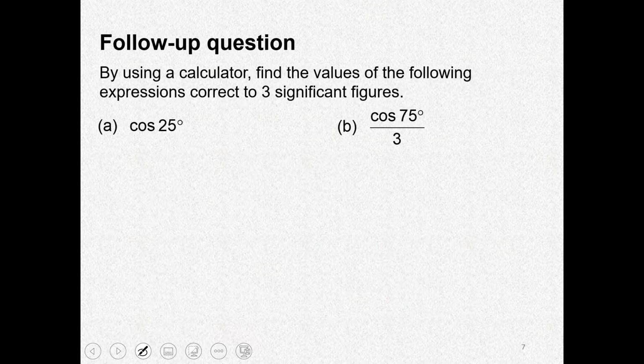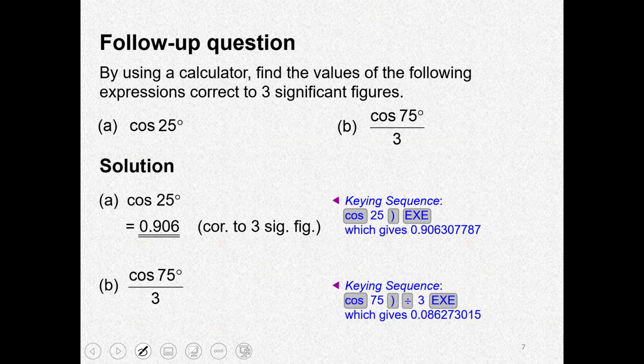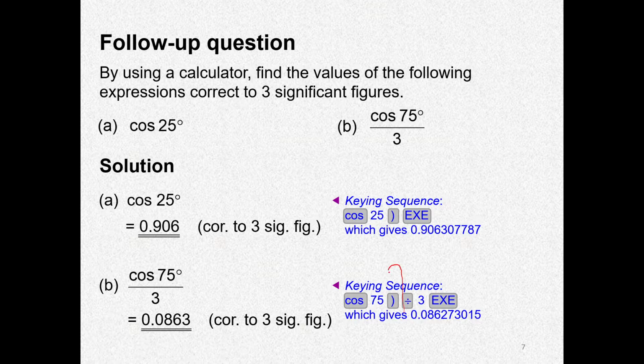So next, please find the values as well. For part A, the answer is this one. And then for part B, remember, you need to close the brackets because it tells your calculator the 75 is the end of your angle.